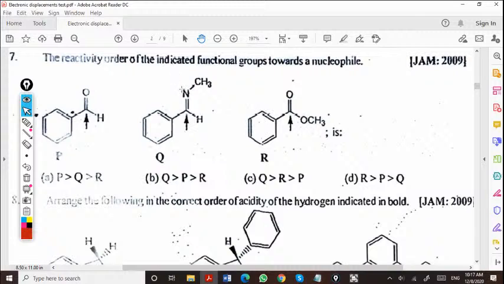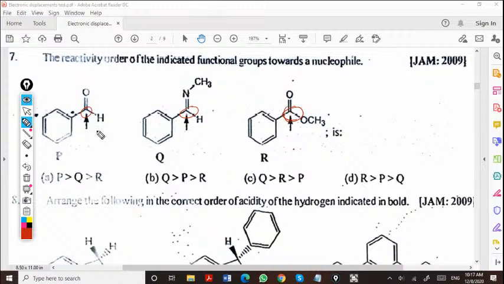Next one. The reactivity order of the given functional groups towards a nucleophile. Here the points are given on the carbonyl carbon. If the carbonyl carbon is attached to a more withdrawing group, then it is going to be more electron deficient, so it will be attacked by the nucleophile faster.